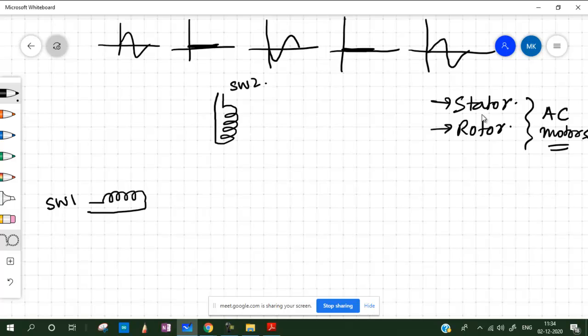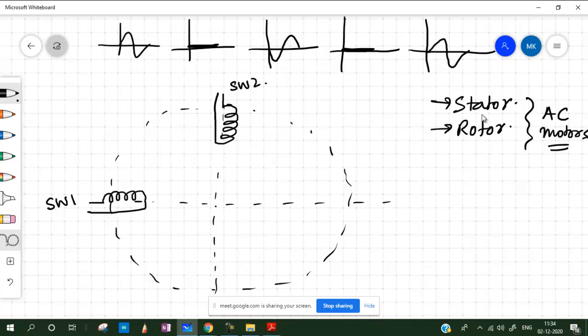Alright, then the rotor is obviously at the middle of the whole assembly, and it is positioned in such a way that it rotates with this.